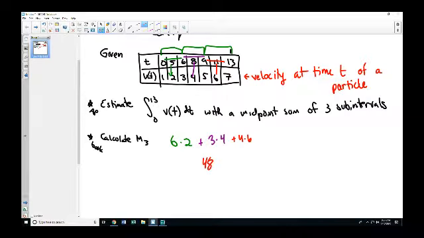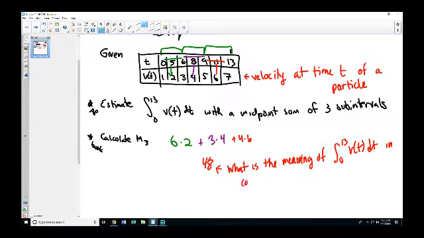One of your questions might be, what is the meaning of the integral from 0 to 13 v of t dt in context of the problem?